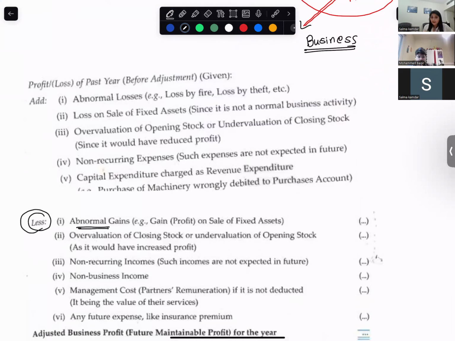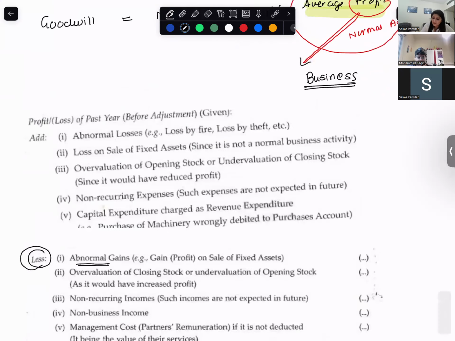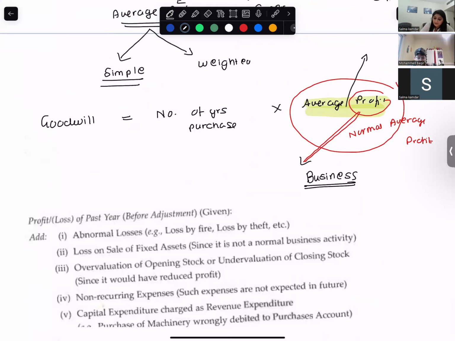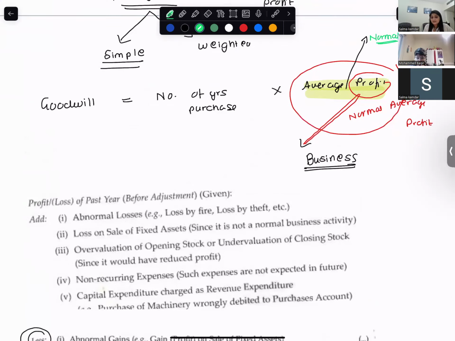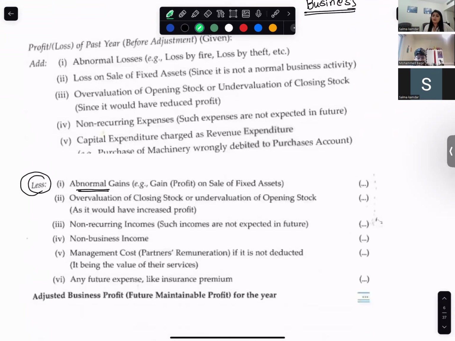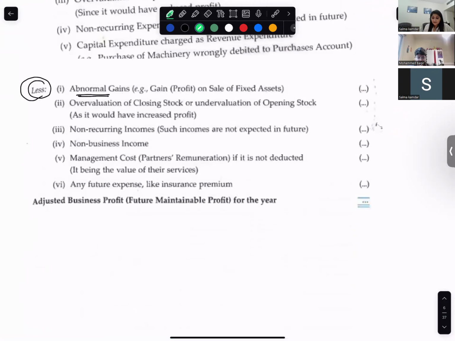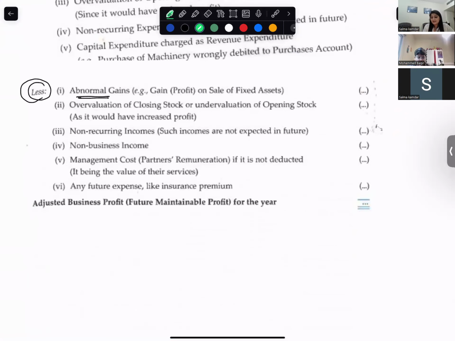So what are the things that you would remove from profit to get the average normal profit? How do I get the normal profit? By removing the abnormal gains. So what are the abnormal gains that might be included in the profit that I have to remove?